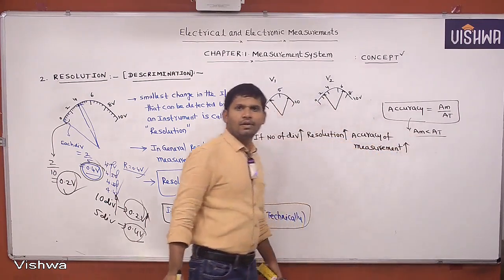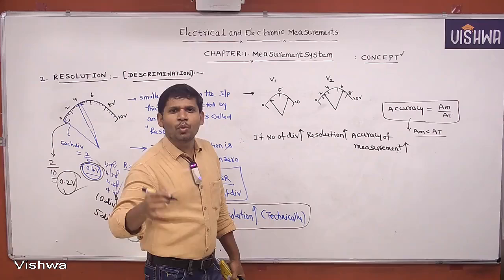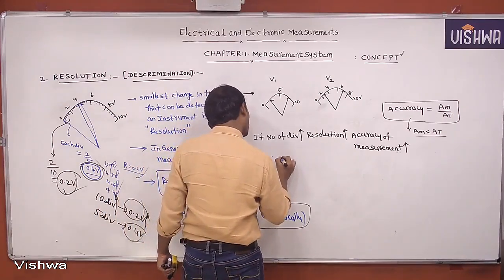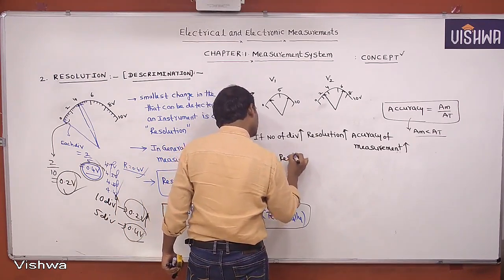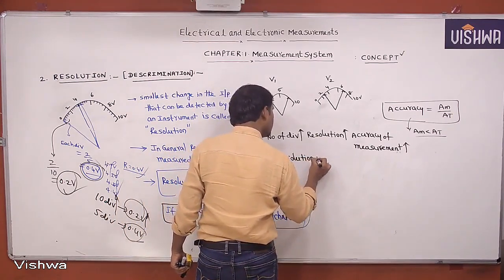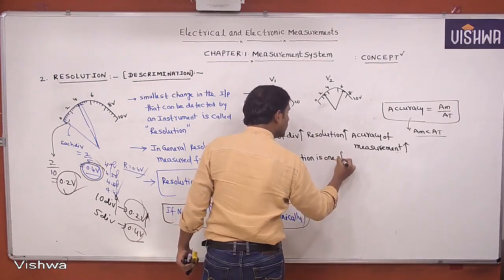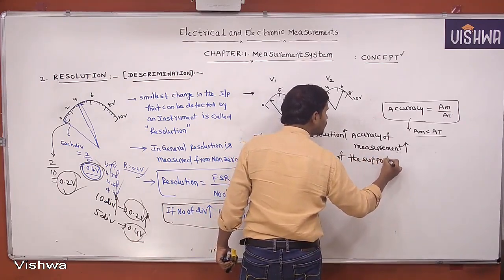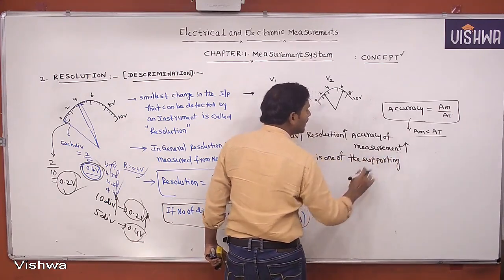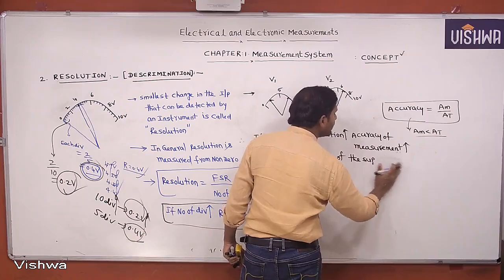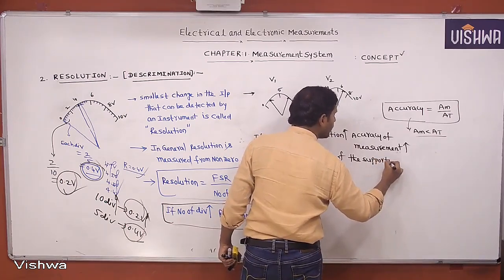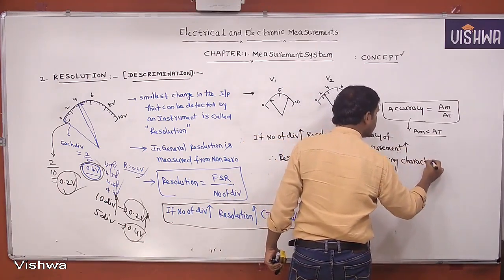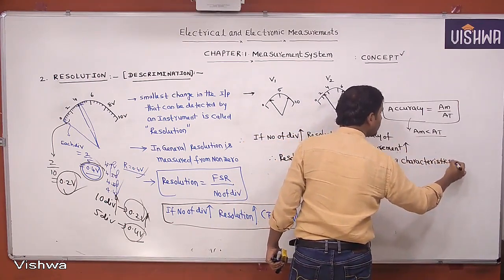Hence, resolution is one of the supporting characteristics of accuracy. If you design the instrument with a high resolution, then that instrument will offer high accuracy. That is the meaning.